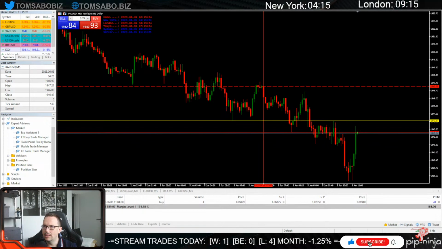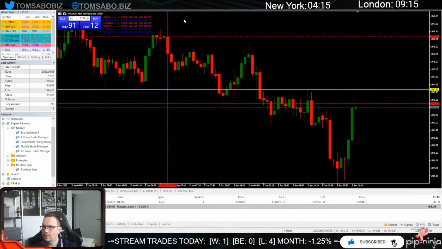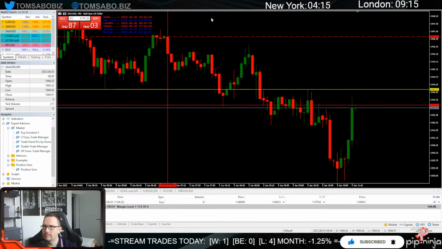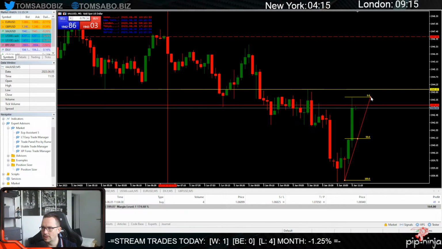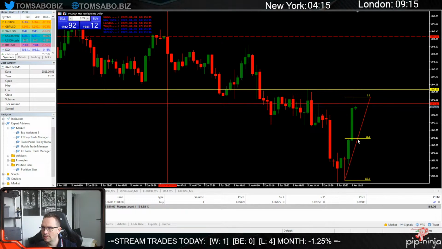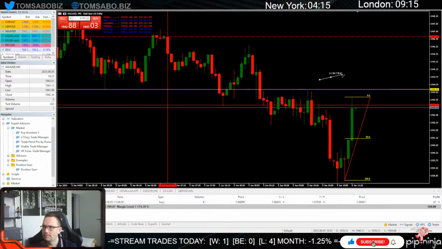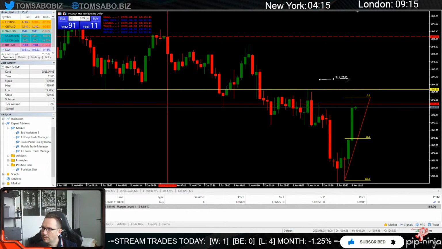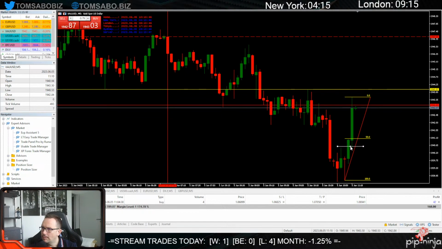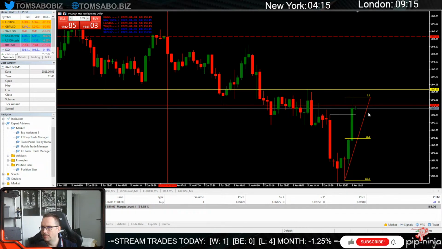Gold actually made a structure break, so could be working out. Let's see. Made a structure break there, right? Have a fair value gap.